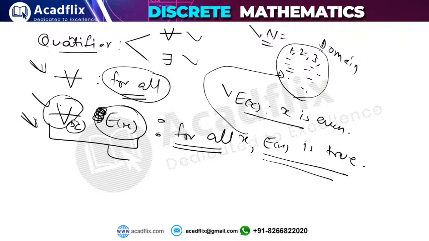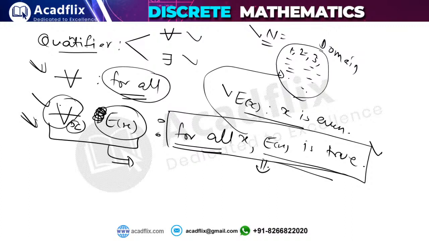Tell me, is this statement true? Focus on this statement. Is it true or not? In a predicate, as soon as you replace all the variables, you will get a proposition. For example, in E(x), x is even.